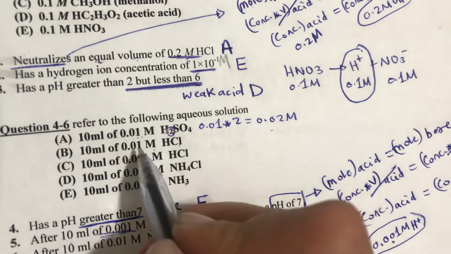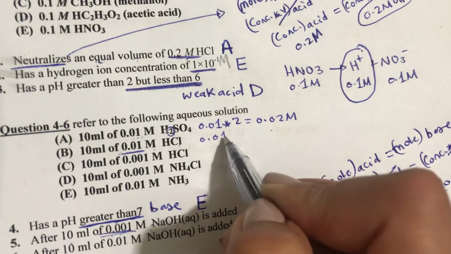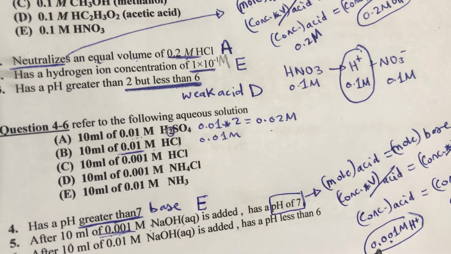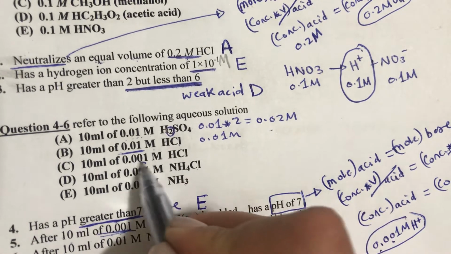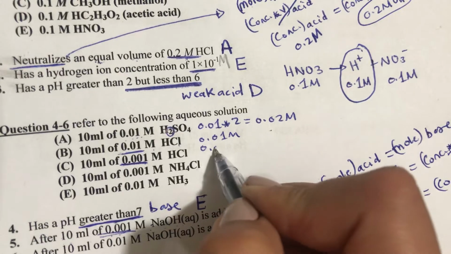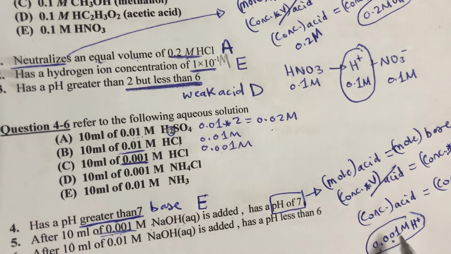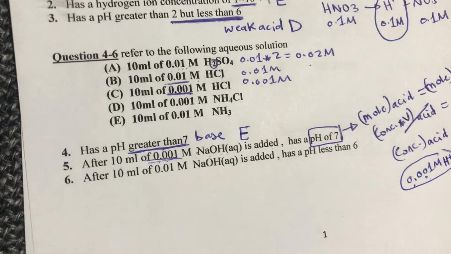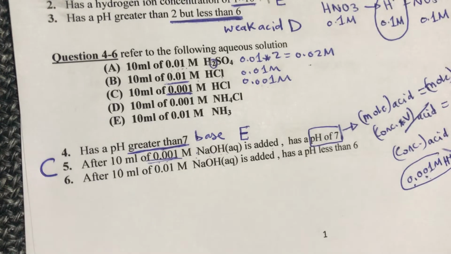The second one, the concentration is 0.01 molar, also not equal to 0.001. The third one, the concentration equals 0.001 molar, which is equal to the concentration of base. So the answer is C. For question 5, the answer is C.